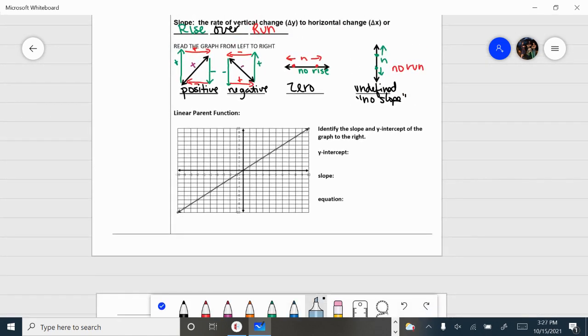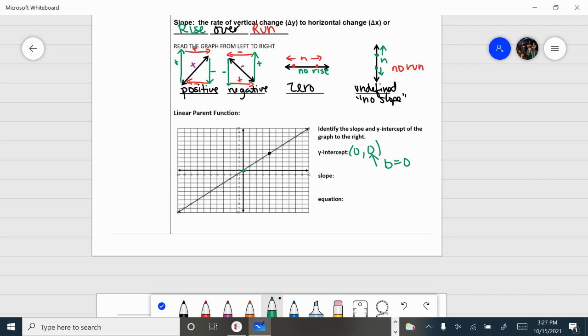So let's talk about the linear parent function. First thing we want to do is find our y-intercept. So it crosses the y-axis right here at 0, 0. So the b part of our equation is going to be that 0 right there. So b equals 0. For our slope, we just need to pick any other point on the graph, and it doesn't matter which point we pick.